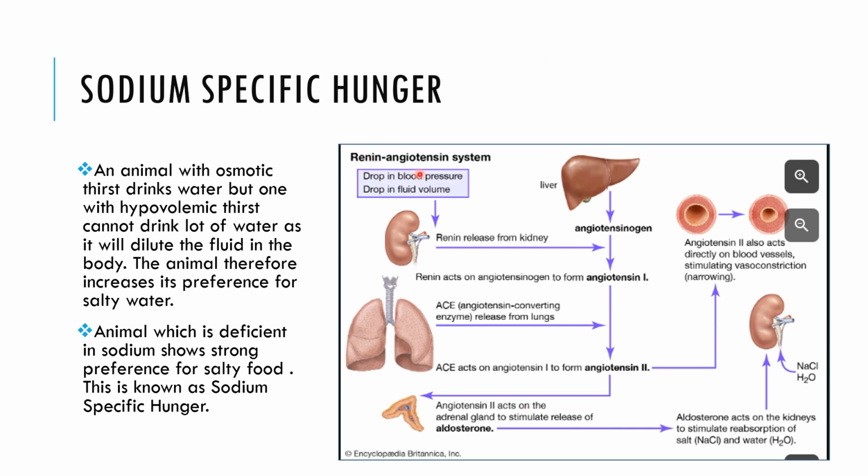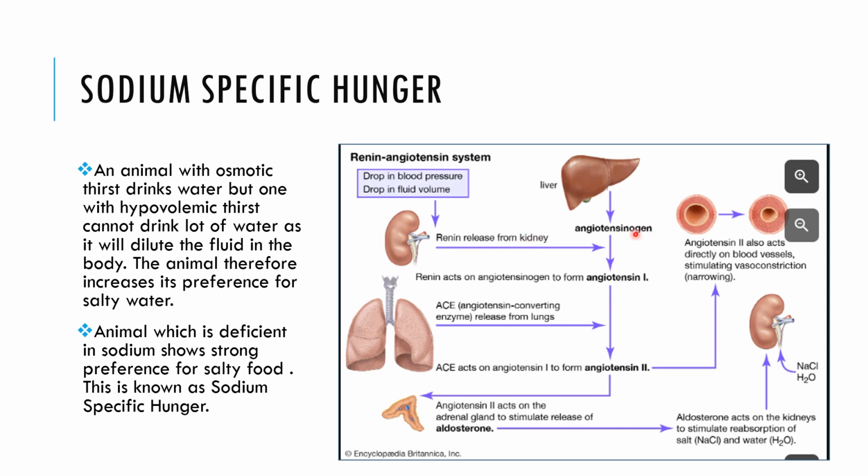Okay, now let's see how this renin-angiotensin system works. So when there is a drop in the fluid volume, there is a drop in the blood pressure. So at that time the kidney releases renin. Now renin interacts with angiotensinogen. Angiotensinogen is released by liver.